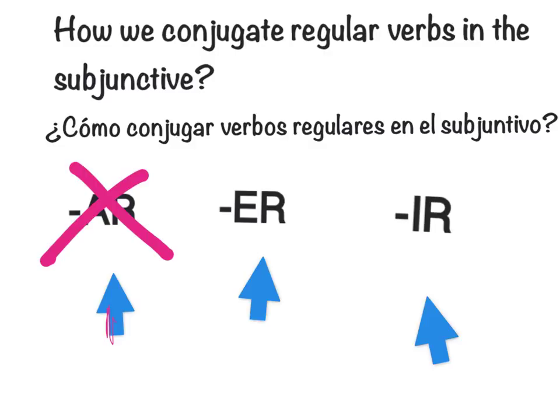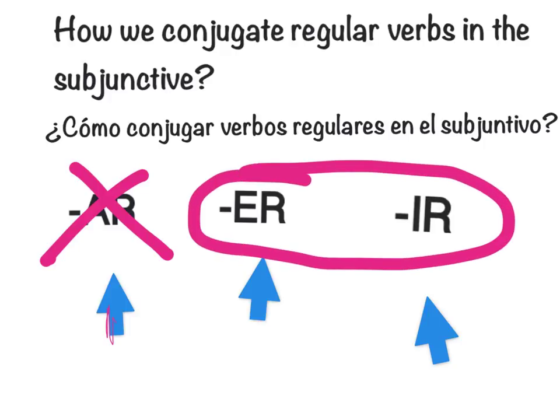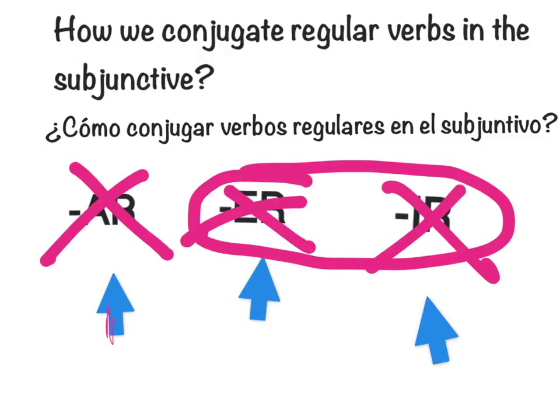When your verb ends in er or in ir, we do the same thing. We get rid of er and we get rid of ir, and we add to the stem of the verb specific endings for the subjunctive.